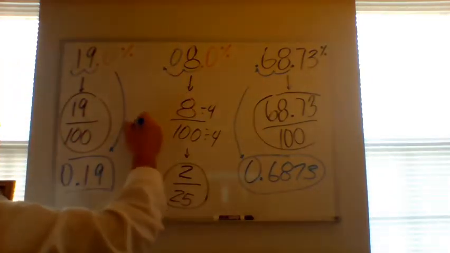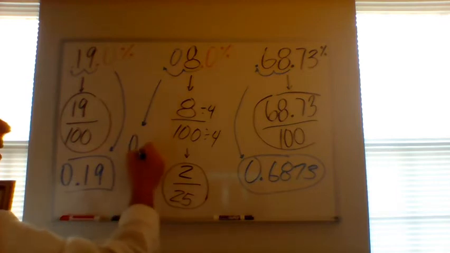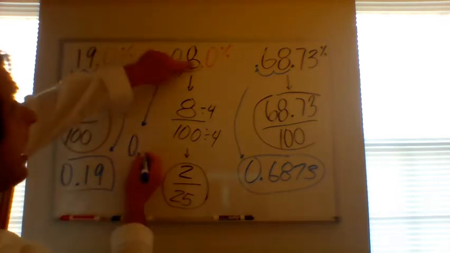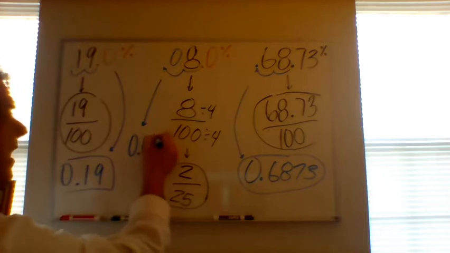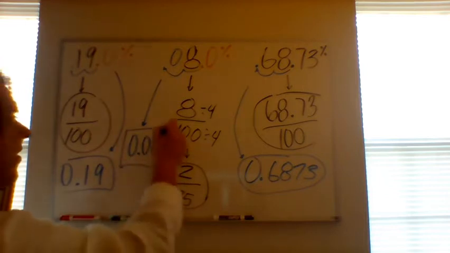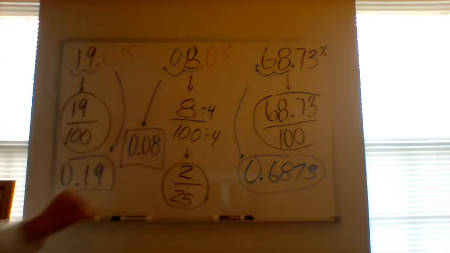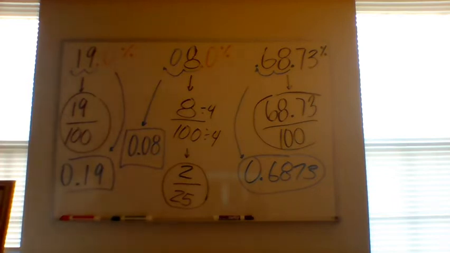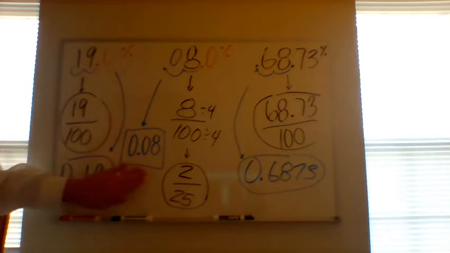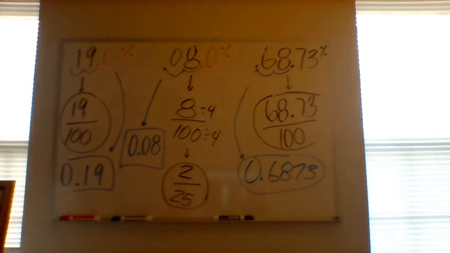We'll put our 0 there. And now we have 0.08, and that is 8% as a decimal. So from percent into a decimal, we move the decimal point twice to the left.